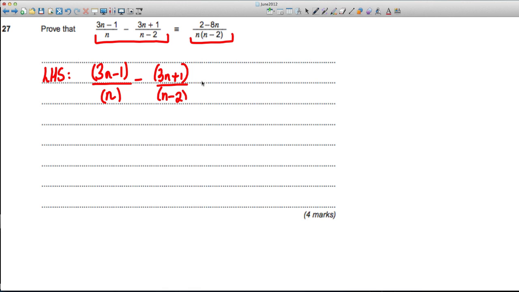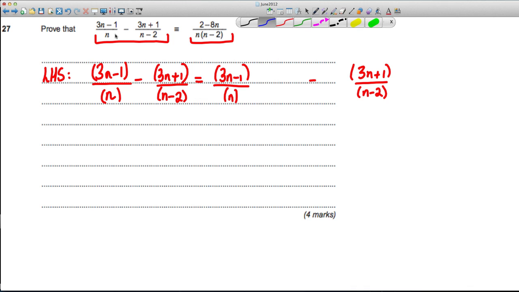Okay, we're going to start with the left-hand side. Now, they are algebraic fractions. You cannot add fractions or take them away until the bottom numbers are the same. So, I'm going to write this one out again. And I'm going to write this one out again. Okay, now, what do n and n subtract 2 go into?